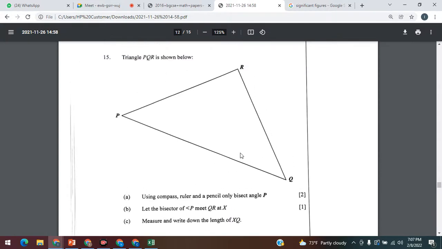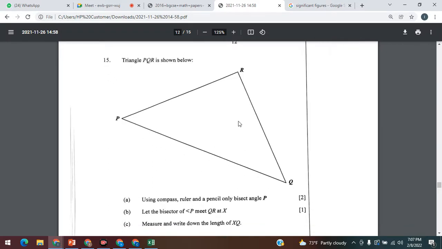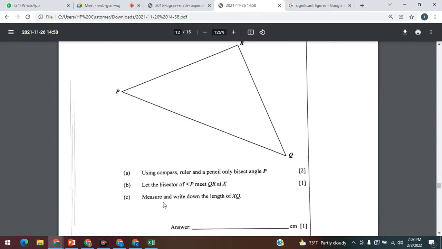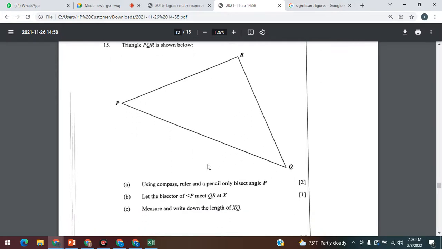So it wouldn't be to scale. Because I'm not using their triangle and I'm going to make up my own, it wouldn't be to scale. But if you were to print this out, this is 2021, and actually do it, then you would get the precise measurements.